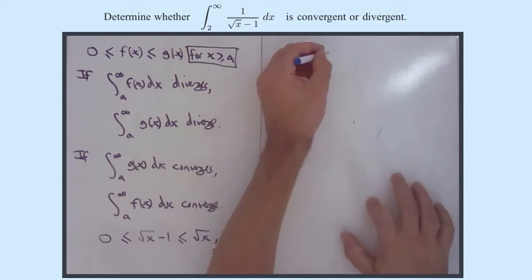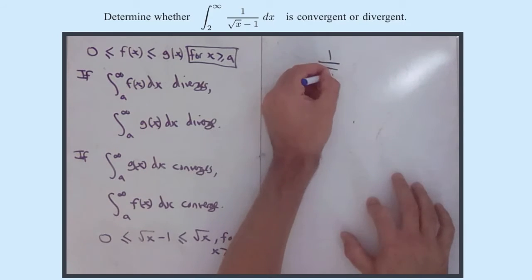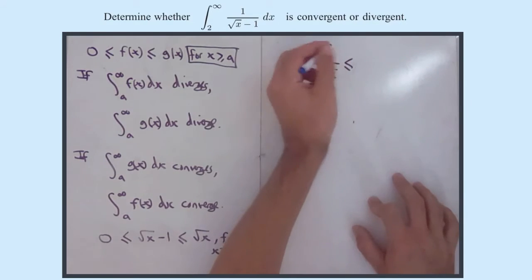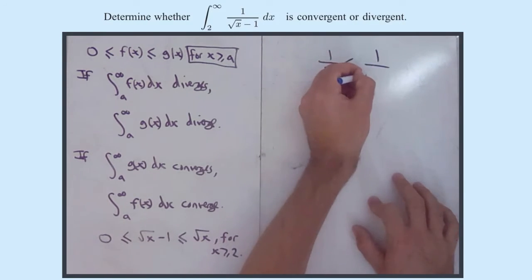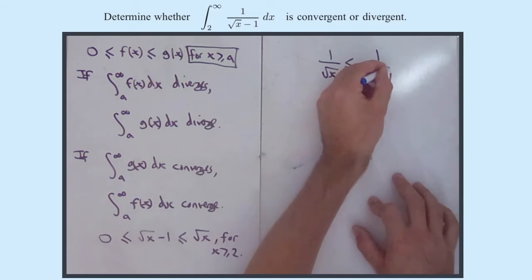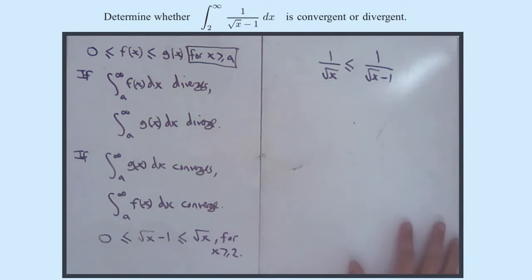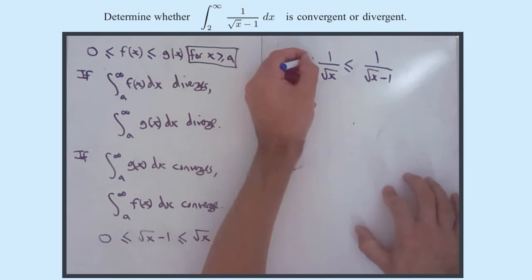So 1 over the square root of x is less than or equal to 1 over the square root of x minus 1. But because we know that x is greater than or equal to 2, these numbers in the bottom are always positive, so this is still greater than or equal to 0.